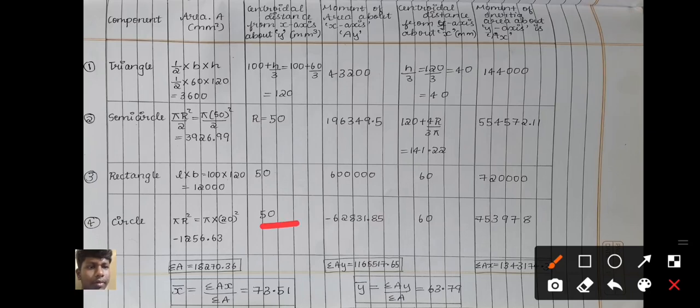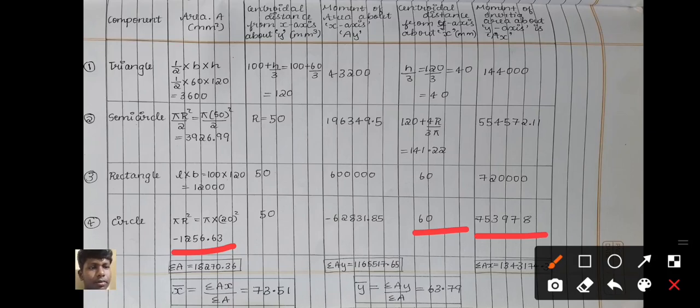This is that 50, and multiplying this 50 into 1256.63 gives us the moment of area about the x-axis, which is ay, which is minus 62831.85. Right. Now while coming to the centroidal distance from the y-axis, which is x, that will be 60. So the 60 multiplied by 1256.63, which is the area, we get the value 753978.